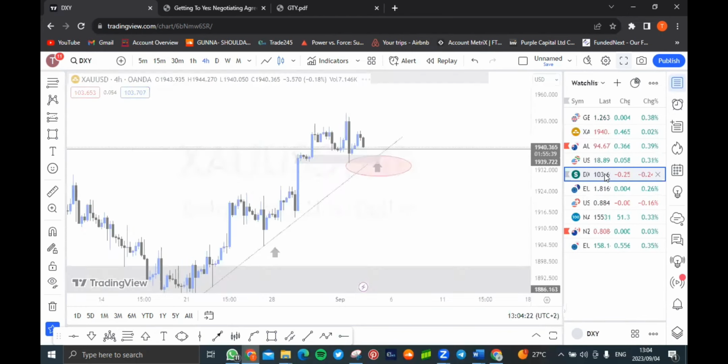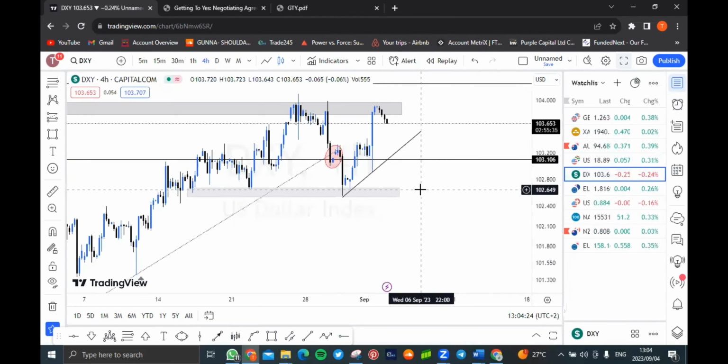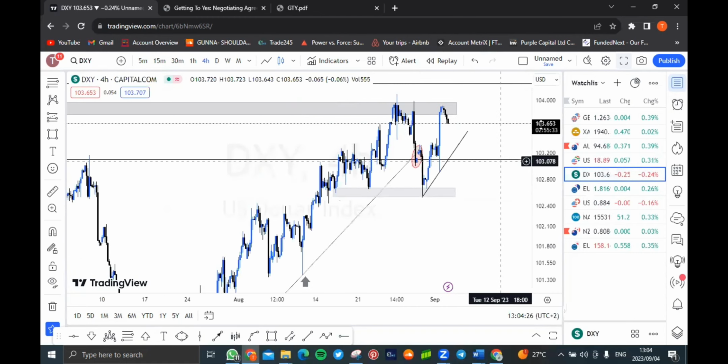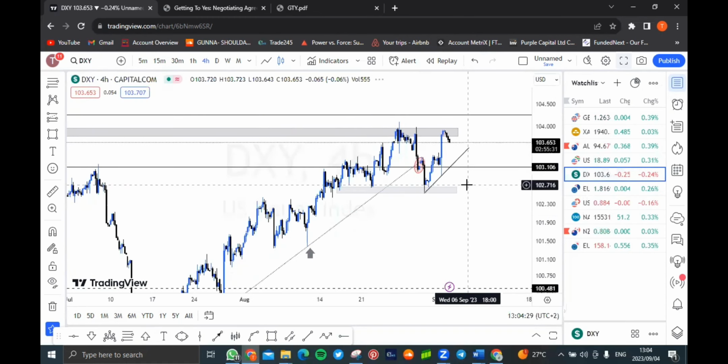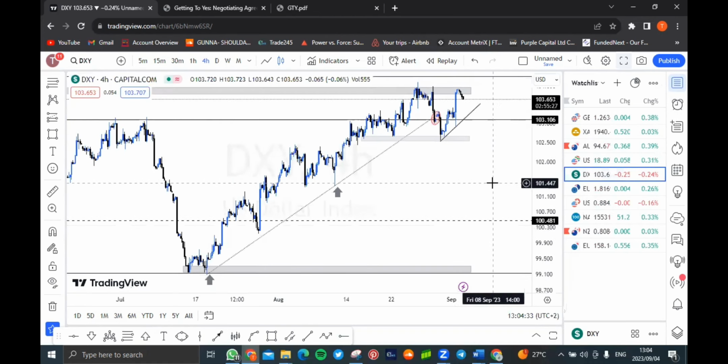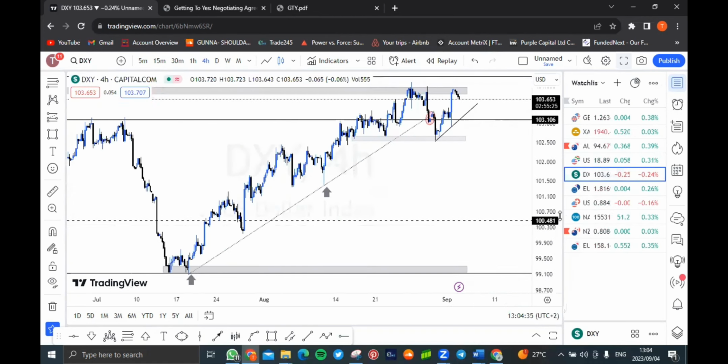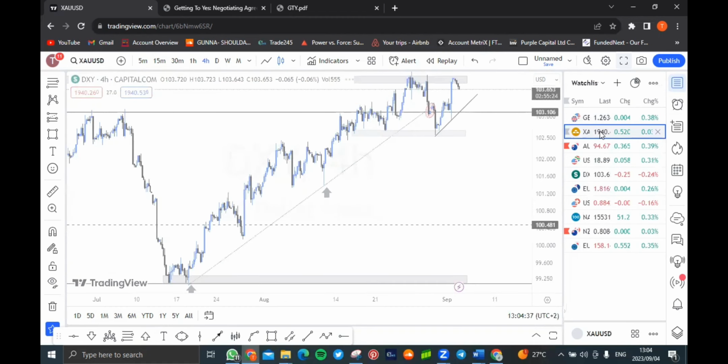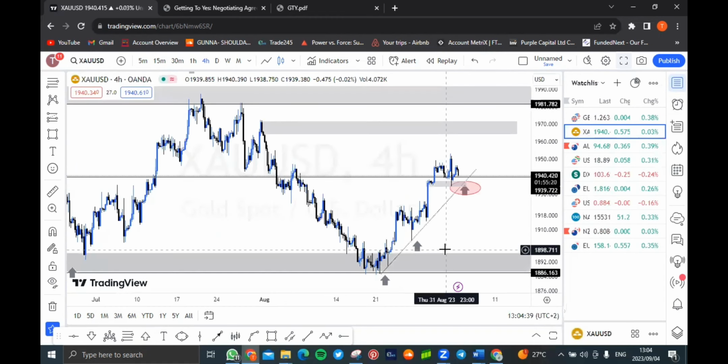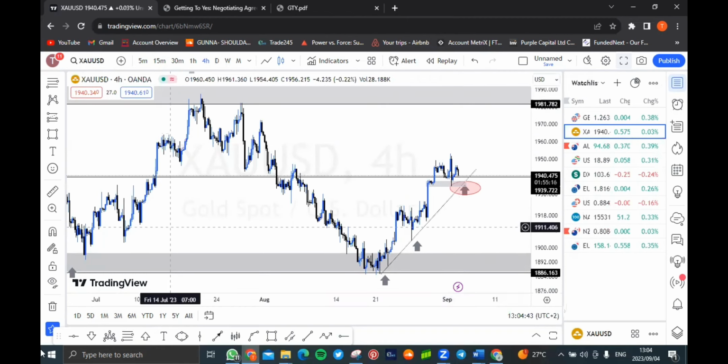That's what would make sense in our scenario, and then we'll have our dollar be bearish and our gold be bullish, because they're the total opposite of each other. So yeah, that's what I'm hoping for.